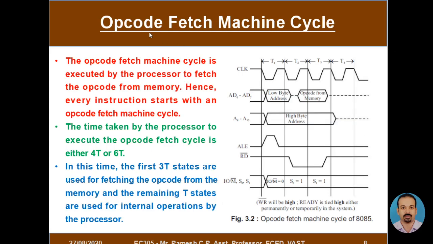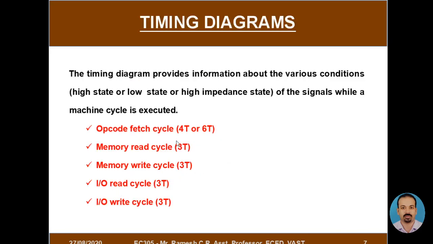So let's look at the first basic machine cycle of your 8085 microprocessor, that is the opcode fetch machine cycle. From this figure you can see that this opcode fetch machine cycle consists of 4 T states. If you go back you can see that the opcode fetch cycle ranges from 4 T states to a maximum of 6 T states, where the 6 T state opcode fetch cycle is mostly used when we go for some bus idle operations or some interrupt acknowledgement operations.